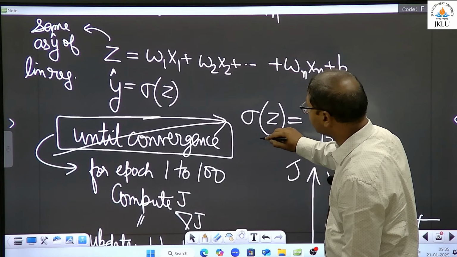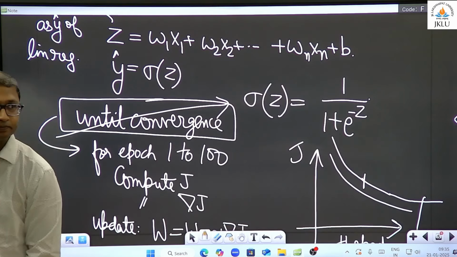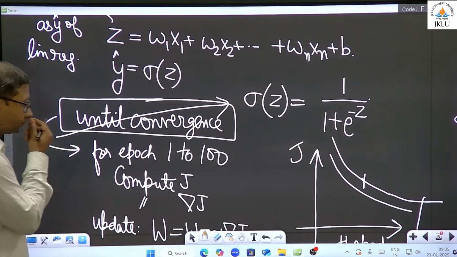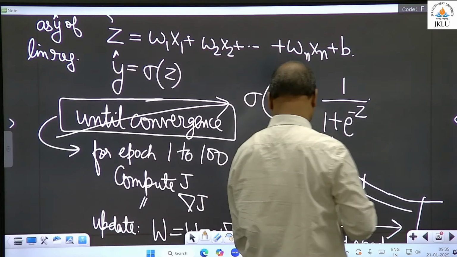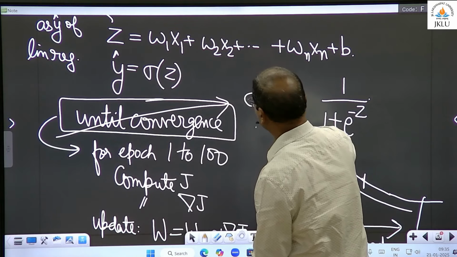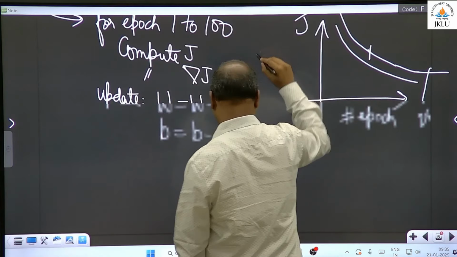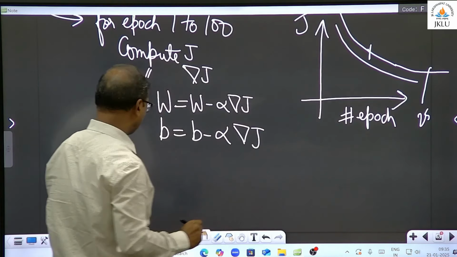And now since we have written this for logistic regression, you have to help me out: what will be J in this case? I don't remember, you have to help me remember this. So what will be my J?